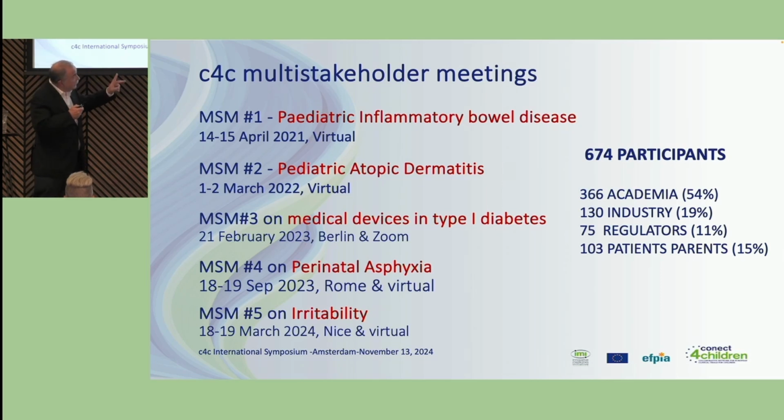And as you can see, these were about more than 600 participants from academia, industry, regulators, and patient representatives. And the voice of the patient and the parents are extremely important. And they are not at the end of the meeting, but they are at the very beginning where we discussed what are the unmet needs.